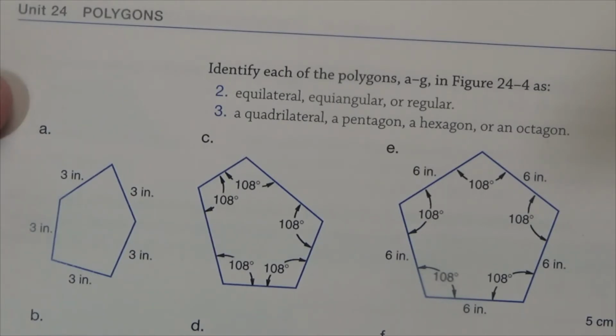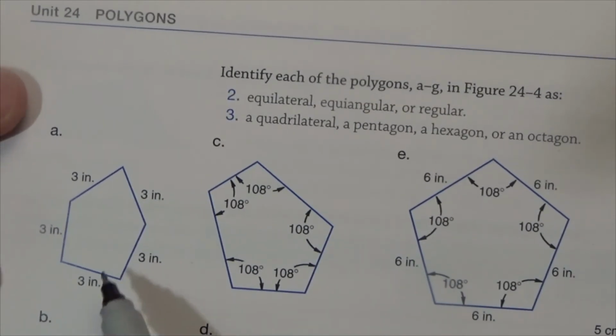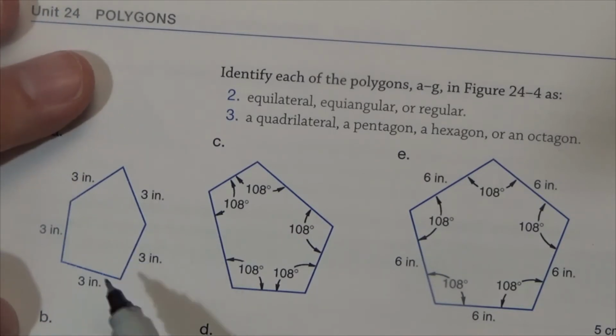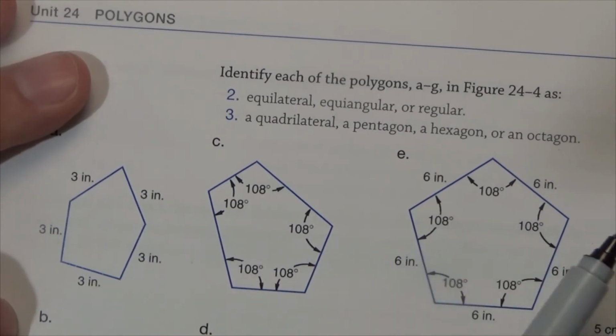And then name it as a quad, a pentagon, hexagon, or an octagon. Okay, so this first one right here, all of the sides are 3 inches. It doesn't say anything about the angles, so I can only call this one an equilateral polygon, and also it's got 5 sides, so that would be a pentagon.